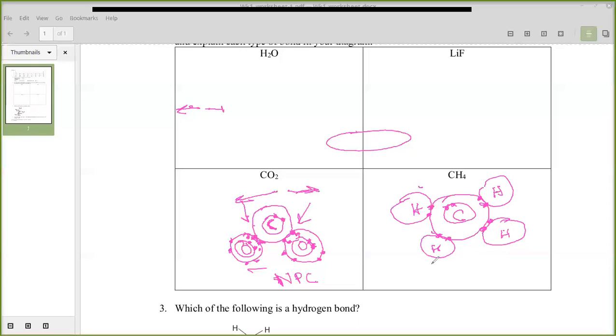And what type of bonding would this be? They're sharing electrons, right? So it'd be covalent. So what type of covalence? Non-polar covalent. Okay, so that's that. Any questions on this? Makes sense so far? Hopefully. You're not going to fail the test if I give it to you right now? Okay.